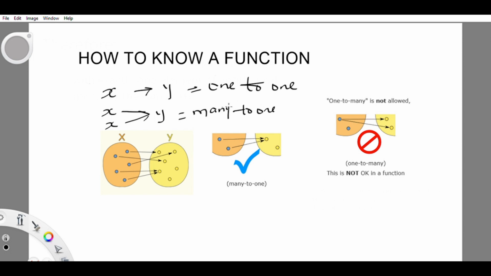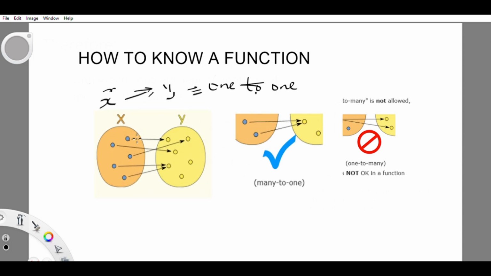These are functions. For example, as you can see right here, here are the x values and here are the y values. So we have one x value to one y value, x to y, and we have two x values to a single y value. So these are called functions.